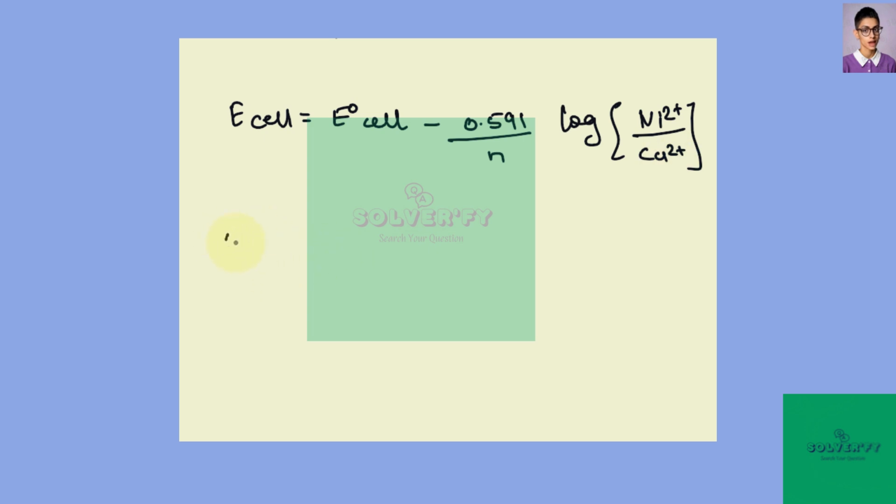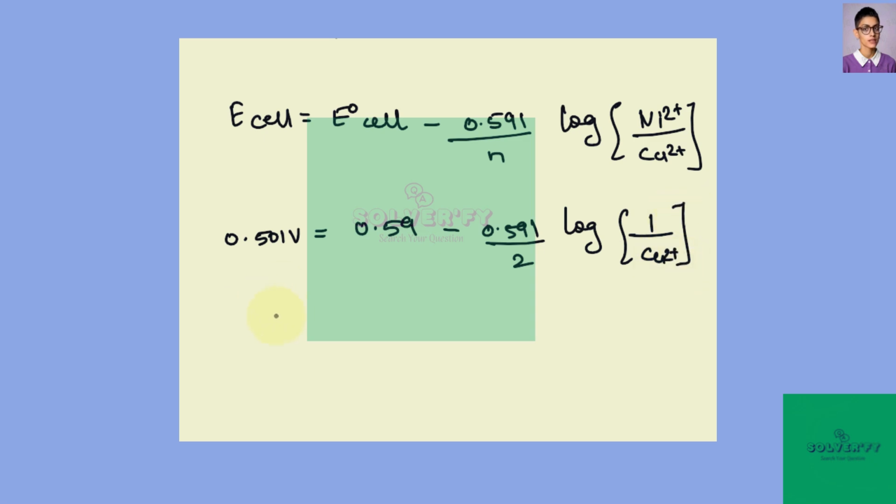Putting the values, we have 0.501 volt is equal to 0.59 minus 0.591 upon 2. There are 2 electrons involved here, therefore the value of n is 2. Log of concentration of nickel 2 plus ion, which is 1, divided by the concentration of the copper 2 plus ion.